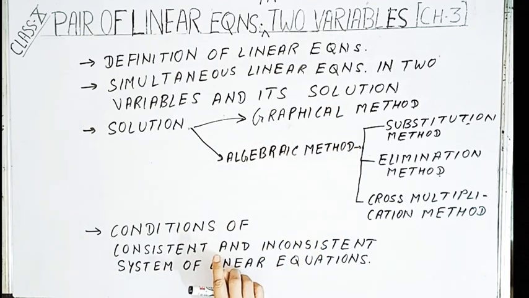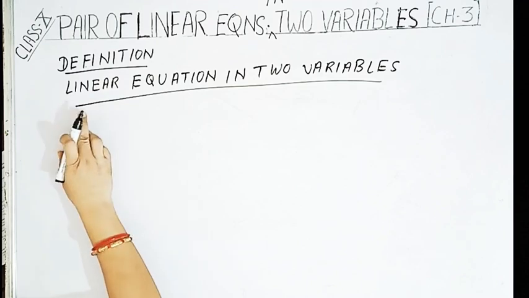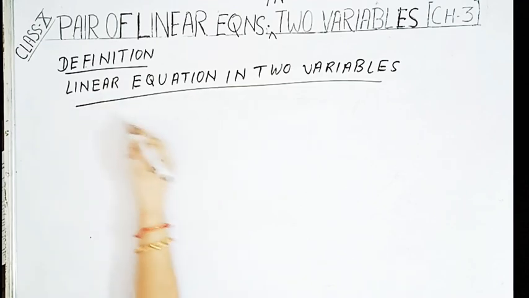So let us start the chapter. Let us come to the definition of the pair of linear equations in two variables. First, the definition of linear equations in two variables.